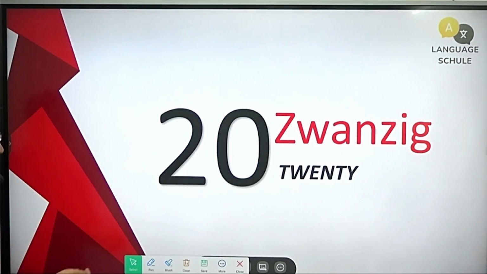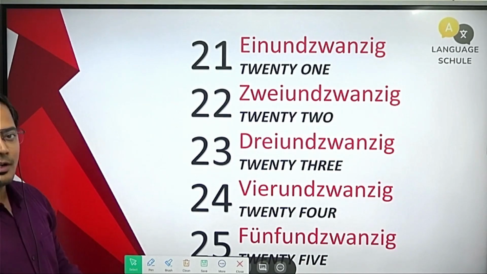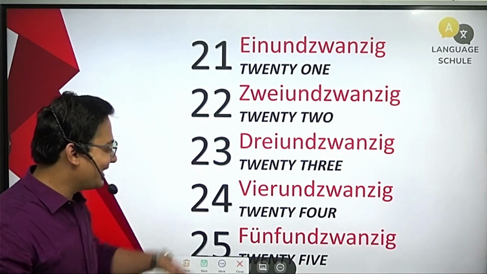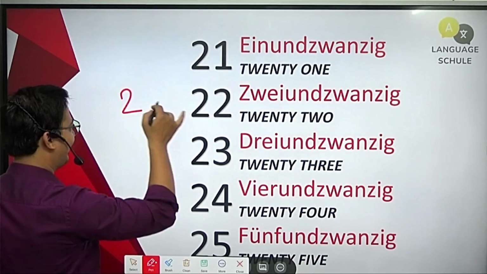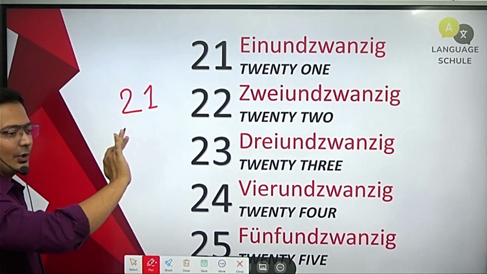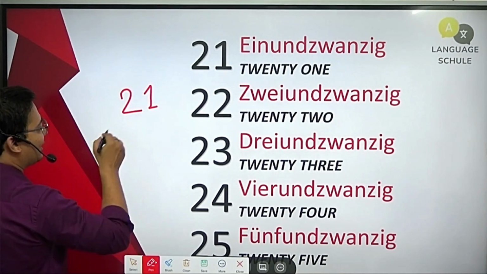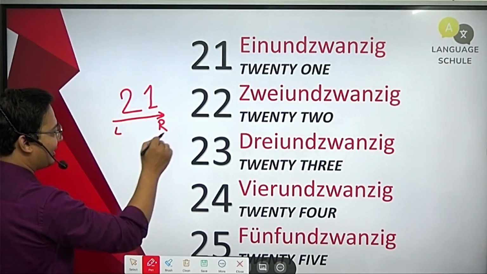Now move to 21. From 21 onward we have a different trick, and I think this is super easy, so try to understand it. In English we say 21 from left to right.